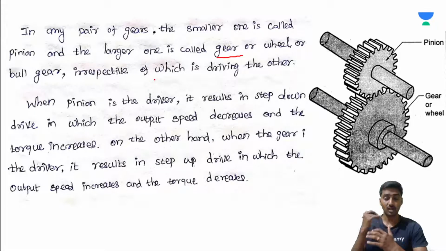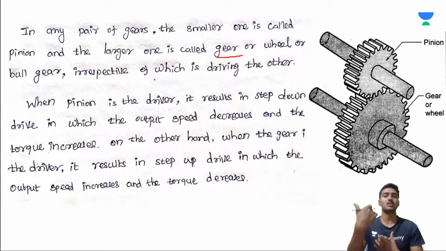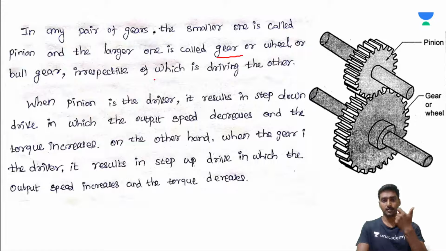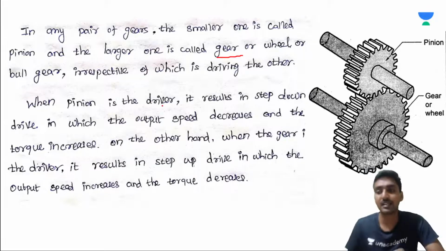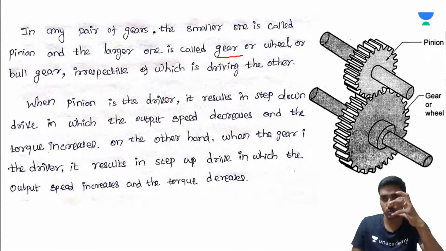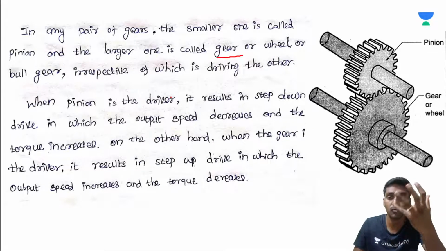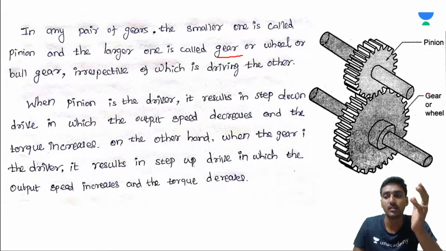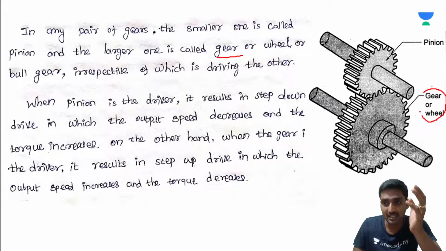We are not differentiating the pinion and the gear wheel depending upon the driving or driven shaft. It completely depends upon the size of the gear. If the gear is smaller, it is called a pinion. If the gear is larger, we call it a gear or wheel. So the larger one is always the gear wheel, and the smaller one is always the pinion.